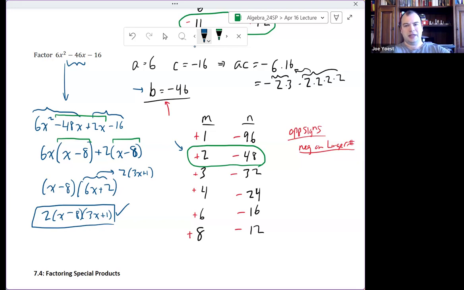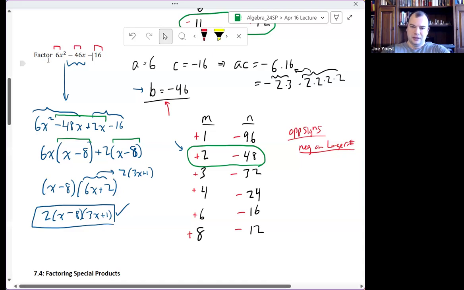Now, something we might have realized at the very beginning is that each of our coefficients, 6, 46, and 16, were all even numbers. Let me just copy this down below.